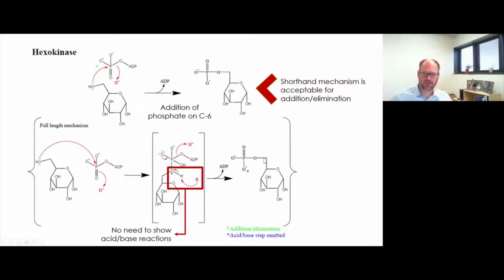The reason for this, as we have to remember, is that these reactions are all happening in water at pH 7, and as a result, we can make some simplifications. In water at pH 7, there's always going to be water around that's available to deprotonate functional groups like this, and there are always protons available that can enable these reactions.